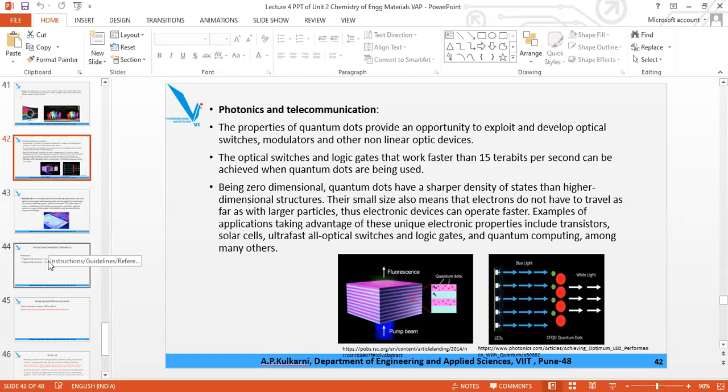I am taking since 10 o'clock, that is why I am finding a little problem in my throat to explain it. Anyone take charge? 42, 43. Only two slides are remaining. Chalo, come up on your own. Explain this application. Everything is written there.